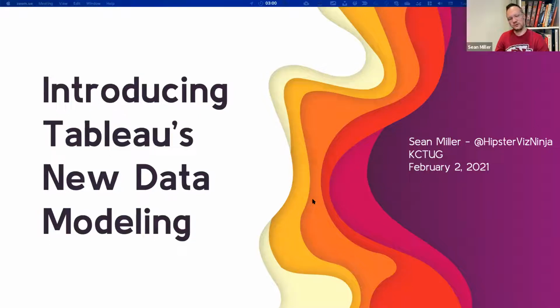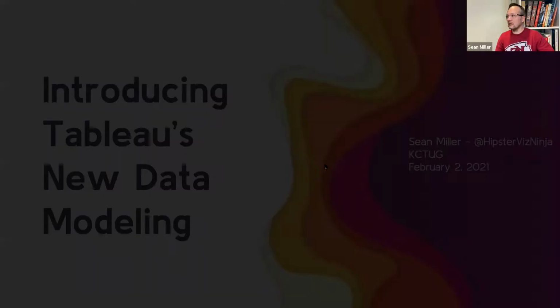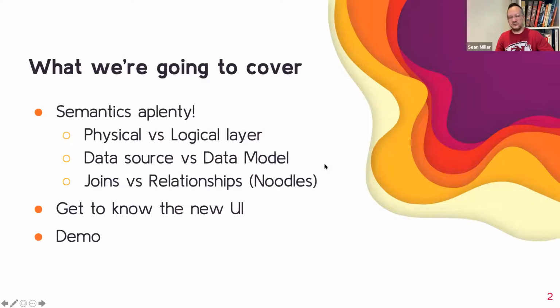Because we're no longer joining tables together. You still can, but the default is you're going to be relating tables together. We're going to talk about all of the new semantics. We've got a physical layer, and on top of that we have the logical layer.